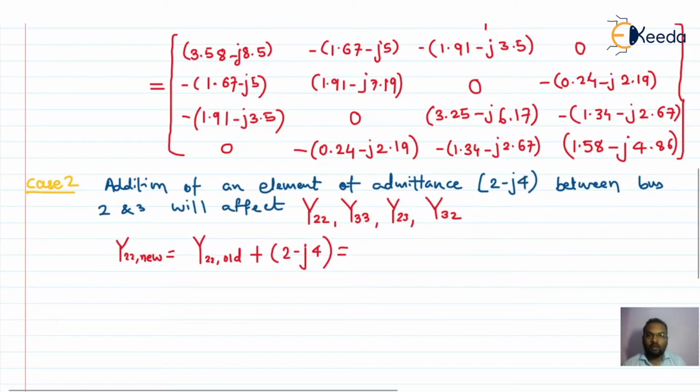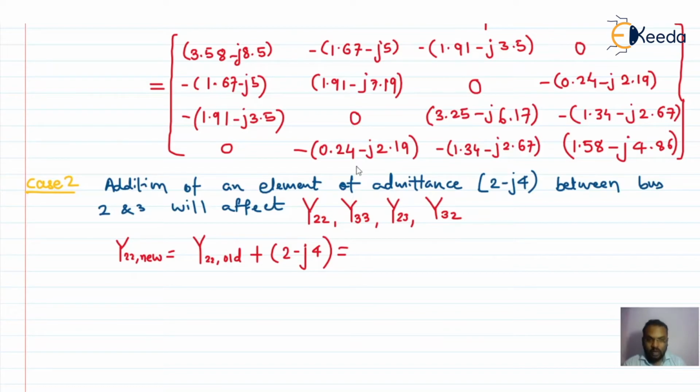So what value will we get here? You just check. What is the y22 old value? It is 1.91 minus 7.19j. We need to add that to 2 minus j4.